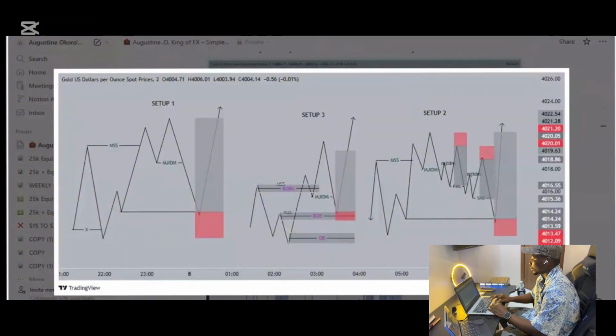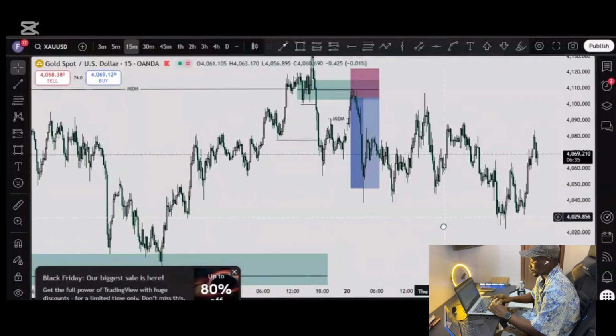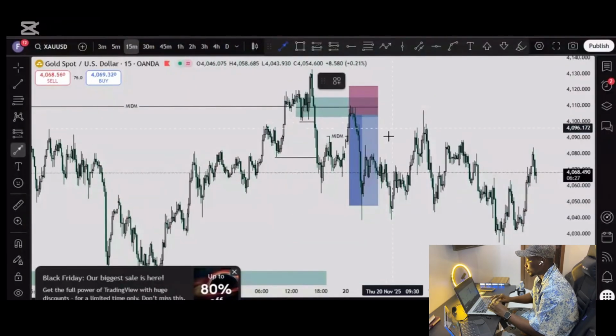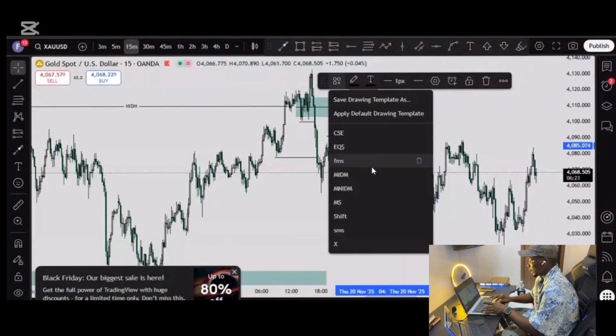Then I was looking for another block to push the price down, giving me a second break of structure. This one is the first break of structure and then the second break of structure. That was what I was looking for in this trade. So when the market gave me this major inducement, that already gave me confirmation.